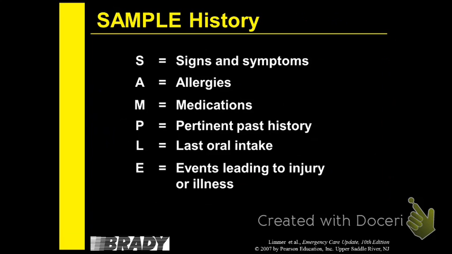Are they on any medication, prescription medications? Pertinent past medical history. You want to stay pertinent. Part of the assessment is primarily asking closed-ended questions. Do you have any problems with your heart? Have you ever had a heart attack? Do you have emphysema, COPD, diabetes, hypertension?